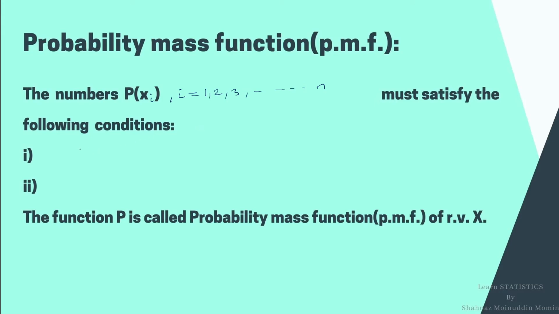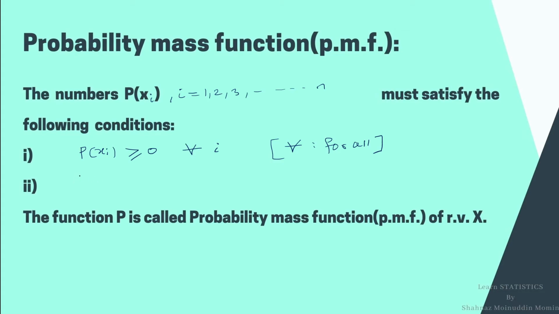Condition number 1 is the number p of xi we have associated with a random variable value xi must be non-negative, meaning it is greater than or equal to 0 for all i. This notation stands for all. The second condition is if we add all these numbers then the sum comes out to be 1.